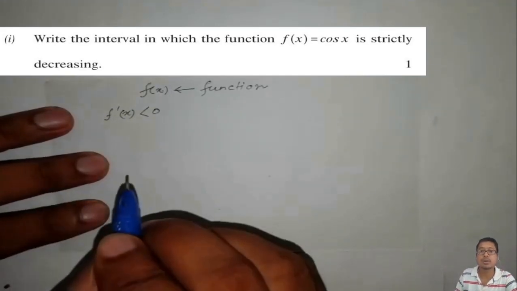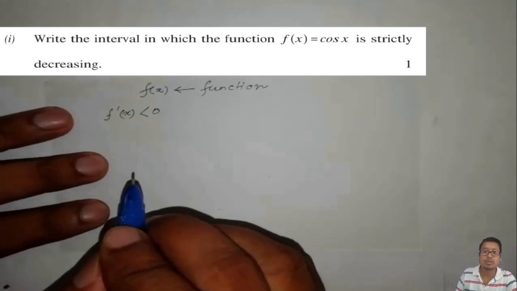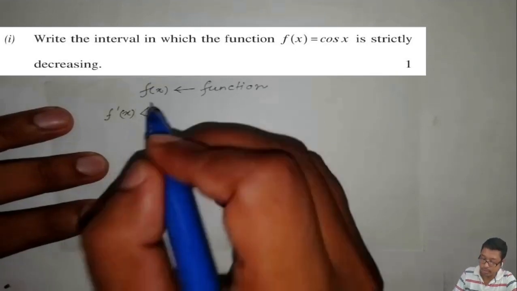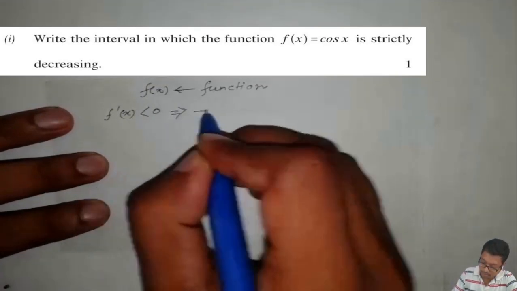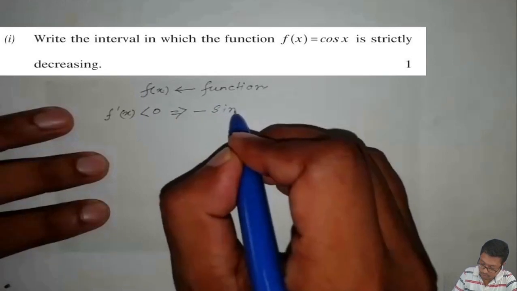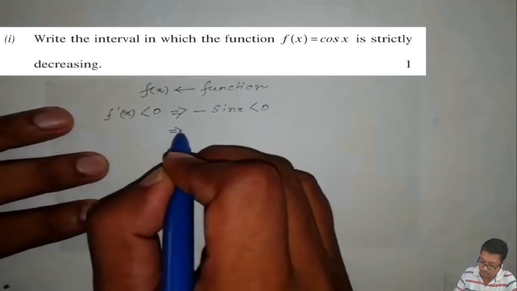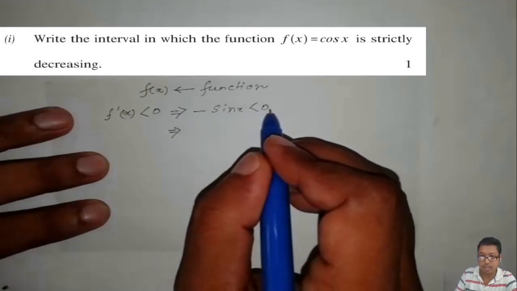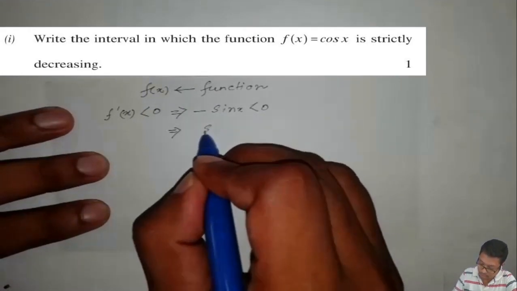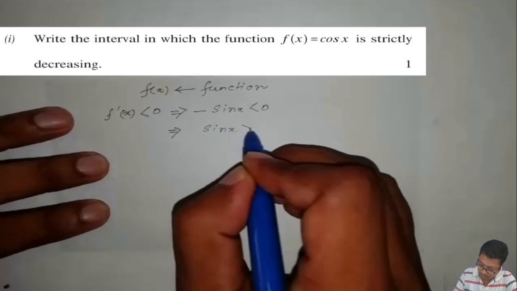In our case, our function is cos x, so f'(x) will be -sin x, and this is less than 0. This implies if -sin x is less than 0, then sin x must be greater than 0.